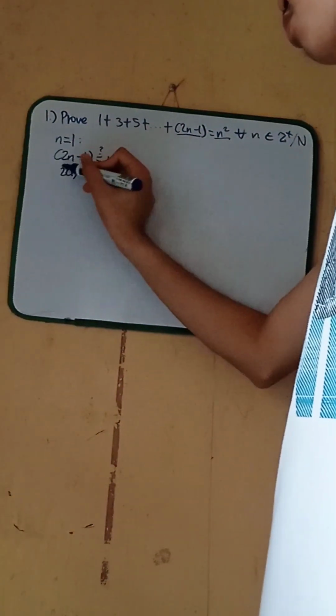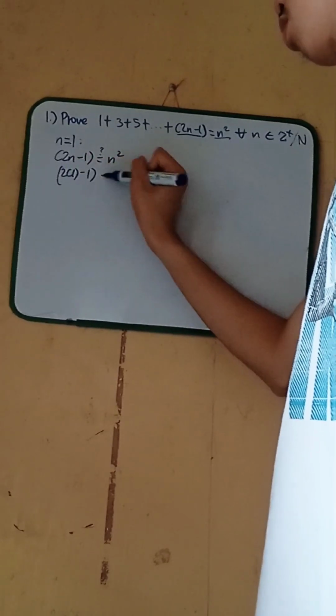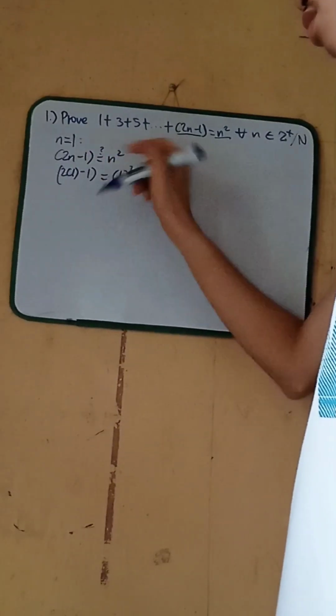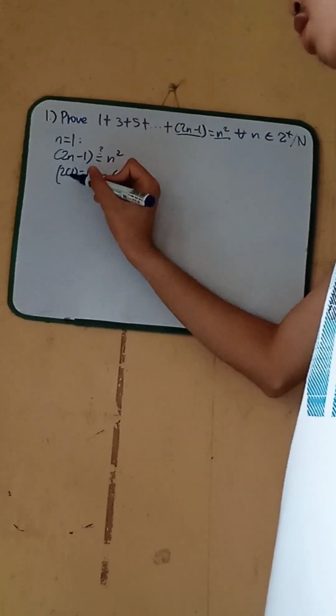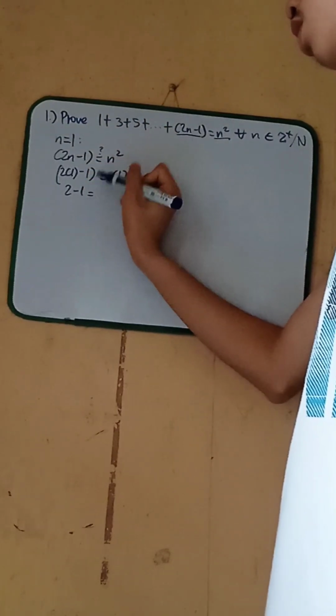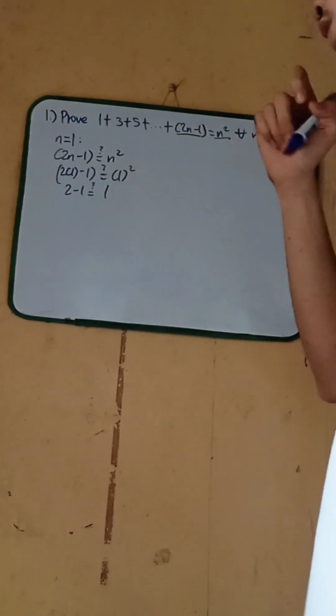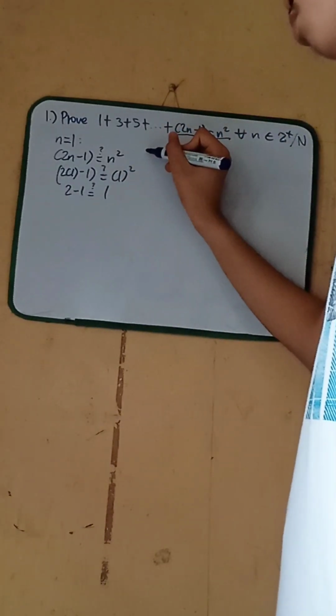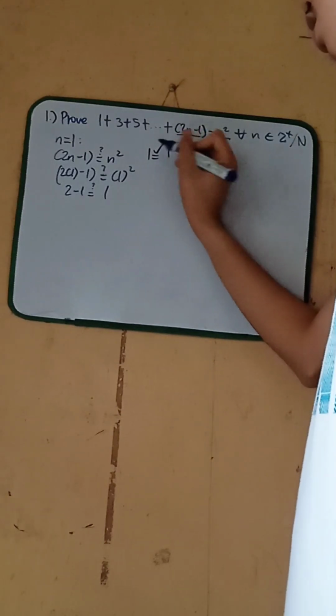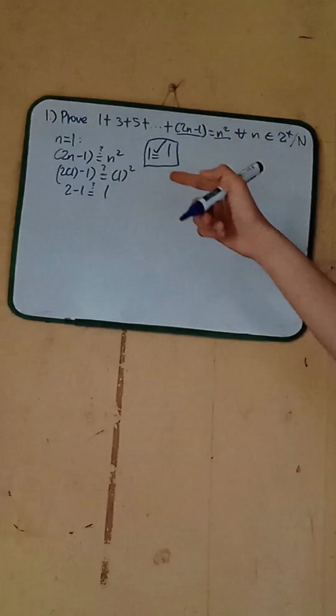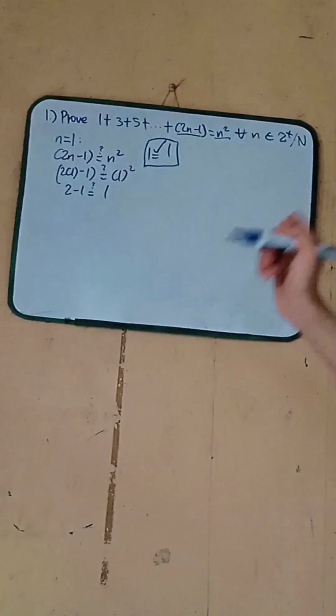So 2 times 1 minus 1 equals 1 squared, right? Substituting n equals 1, we have 2 times 1 is 2, minus 1 equals 1. 1 squared is 1, right? So 2 minus 1 is 1, and we prove that they are equal. So n equals 1 is true.